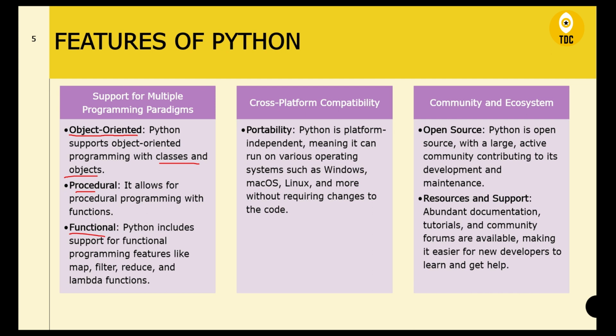That is why it has abundant resources, documentation, tutorials, and strong communities. If you have any questions, you will get answers very easily, because a lot of people write libraries, and supporting libraries are explained on GitHub, including supported versions.